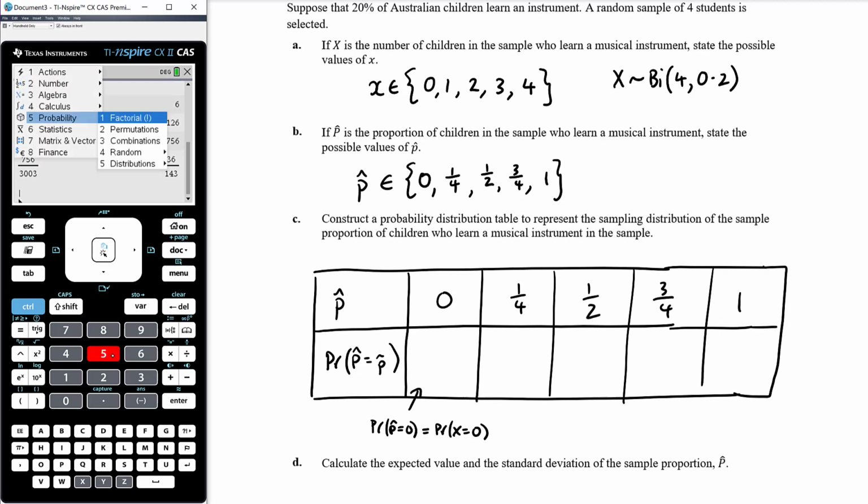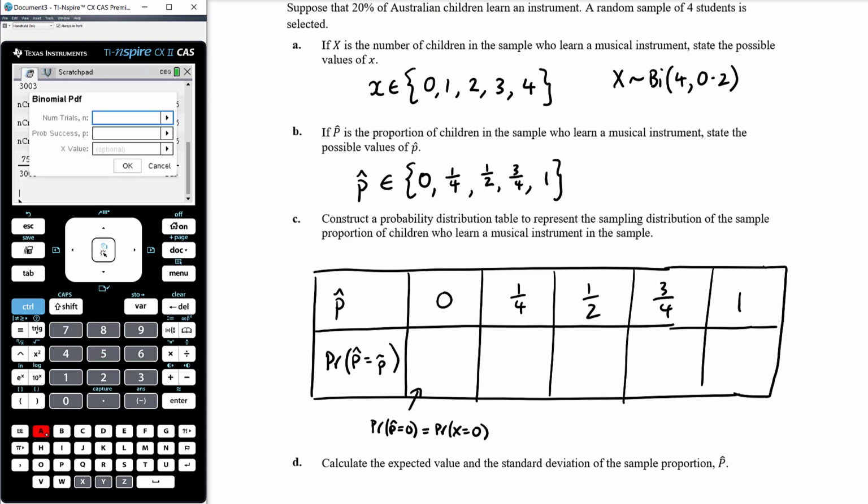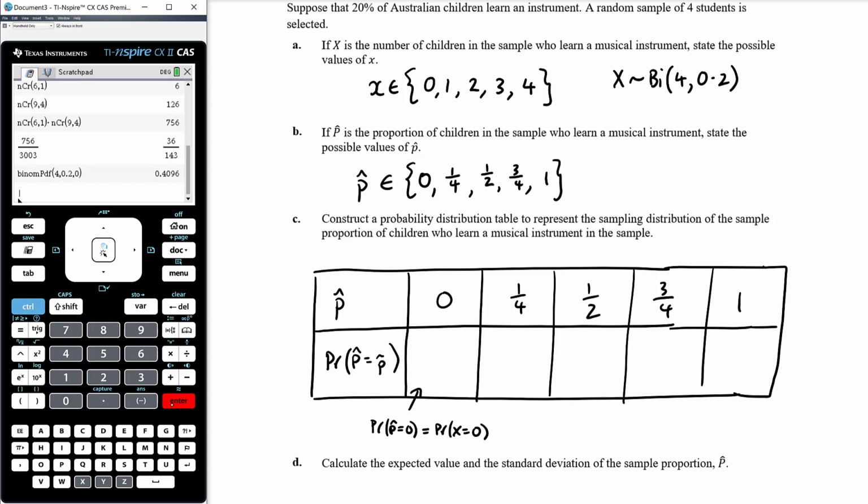So menu 5, 5, and we could do binomial Pdf because we just want one particular value. Our number of trials is 4, our probability of success is 0.2, and our x value is 0 in this instance. And so that gives a probability of 0.4096.